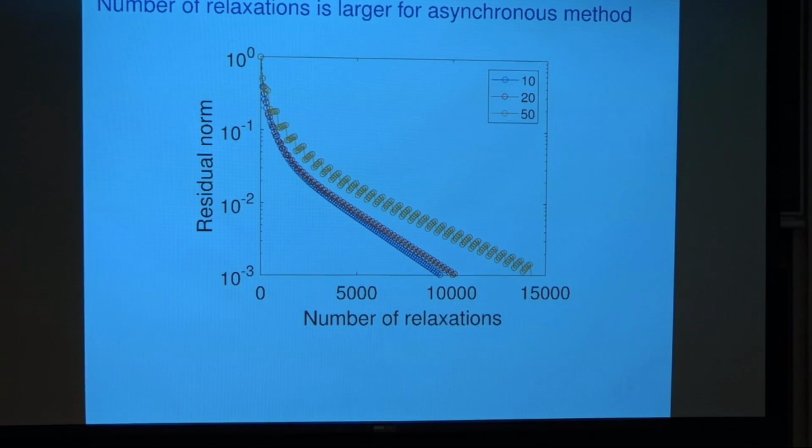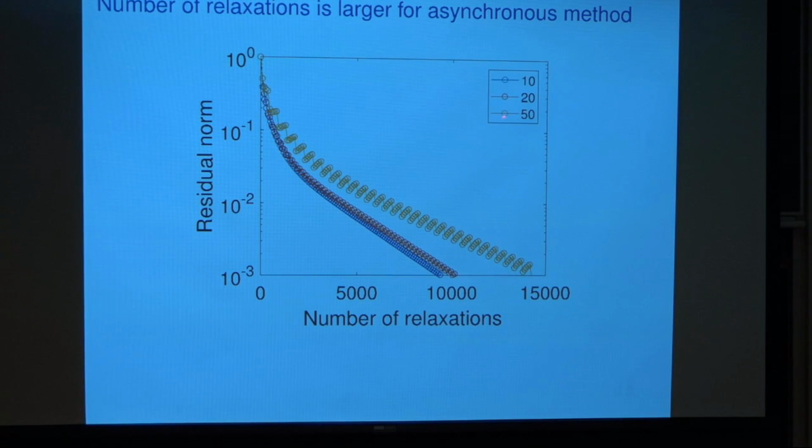So here is a plot of the residual norm plotted against the number of relaxations, or the number of updates. Okay? And the blue line is for the synchronous case where all of the processors are using 10 units of time. The synchronous case and the asynchronous case are exactly the same in this situation.